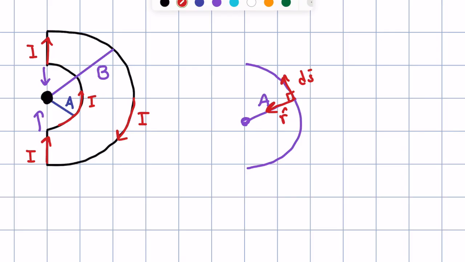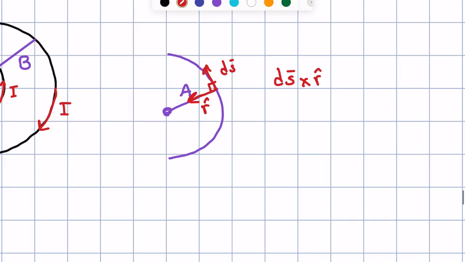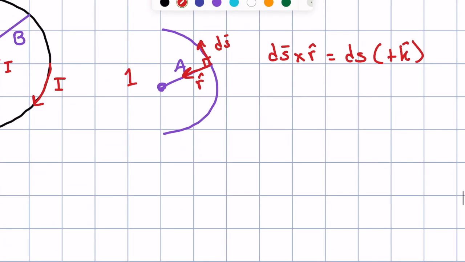And see here they make a 90-degree angle. We want to know the direction of ds cross r hat. We're going to use our first right hand rule. Put your index finger in the direction of ds, middle finger in the direction of r hat, and you see your thumb is pointing straight up. So ds cross r hat is always going to be in the plus k hat direction for this inner semicircle. And this one we're going to call 1.